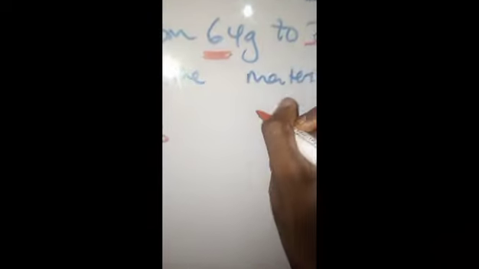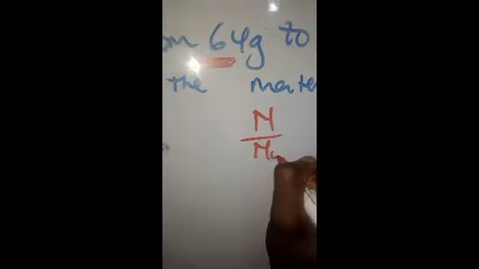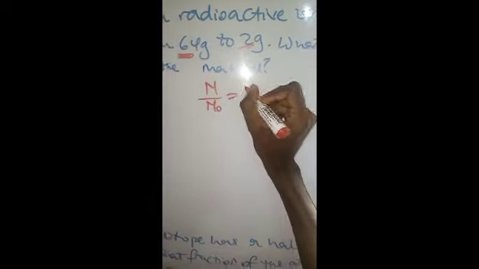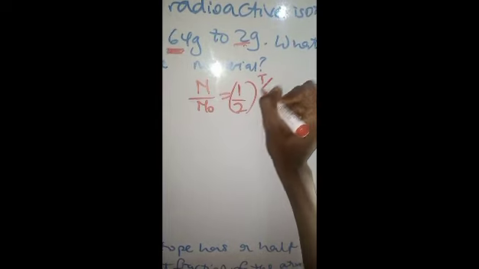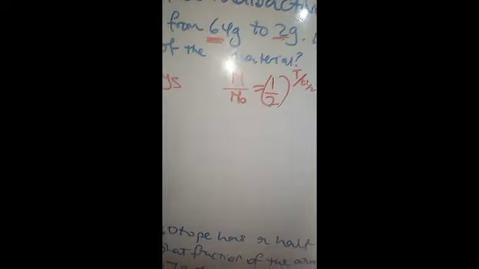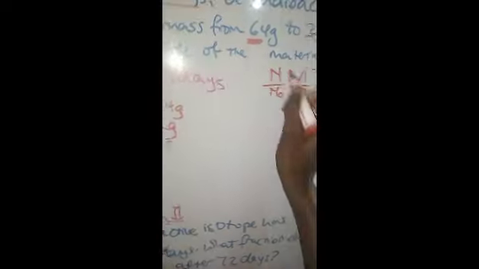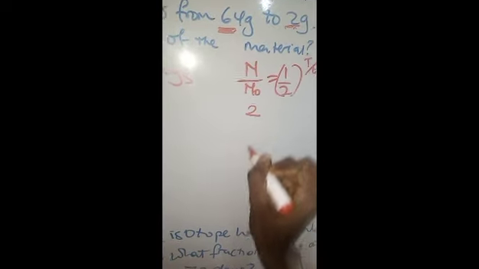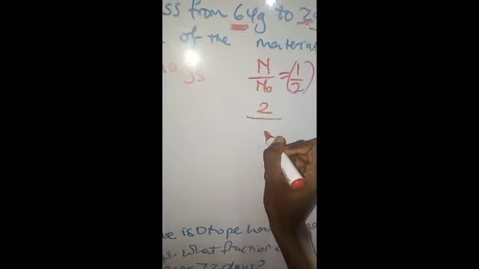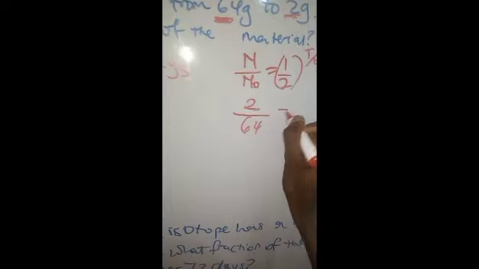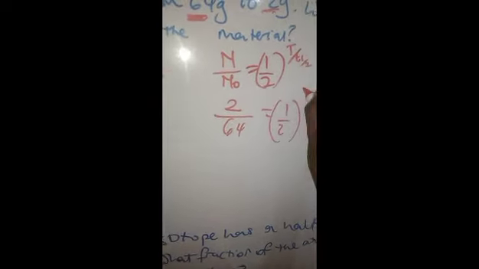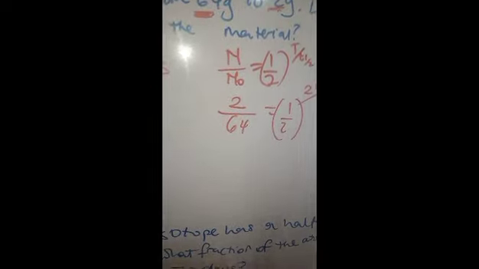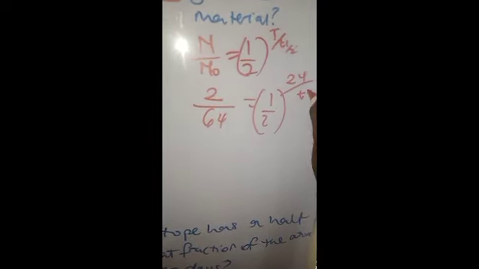Write the formula: N over N naught is equal to 1 over 2 raised to the power T over T half. N is 2. N naught is 64. T is 24. T half is what you are looking for.